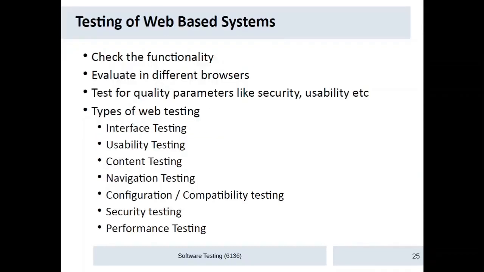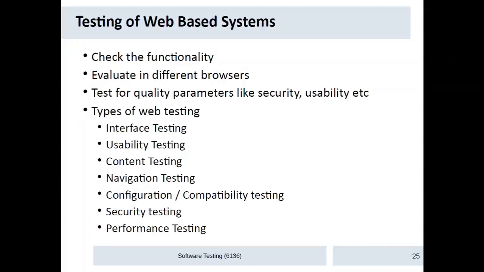So how do we test a web-based system? First, we need to check whether the application works the way it is designed to. And we need to evaluate whether it appears the same way in different web browsers.